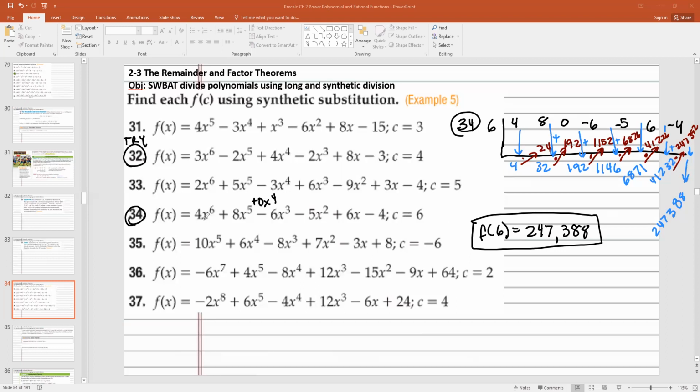It's probably easier than plugging in that 6 for all of those x's, right? And then multiplying and then adding and subtracting, all that. Well, there you go. That's what the remainder theorem means. So try 32. 32 is going to be a pretty big number too. That's not this big.